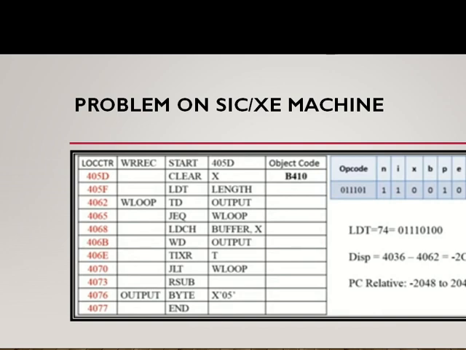So the extension value will be 0. So the address should be in the 12-bit range. Here we are calculating the address like 4036 minus 4062, which makes the value minus 2C.